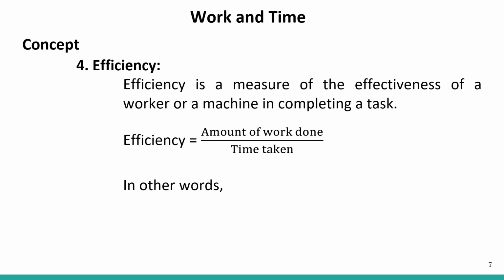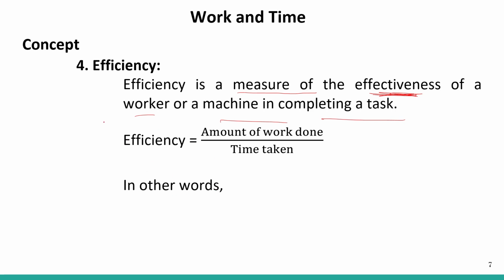Okay, so let's see what efficiency means. Efficiency is a measure of effectiveness of a worker or a machine in completing a task, that is, how effectively he completes a task. Efficiency is equal to amount of work done by time taken.